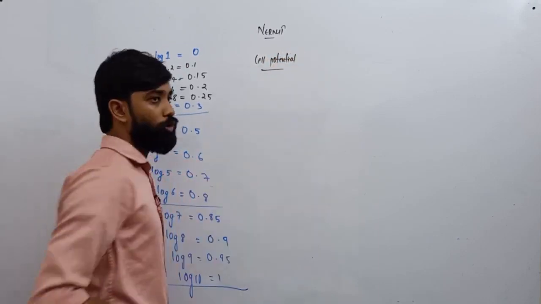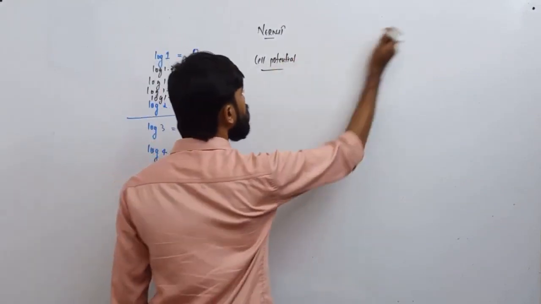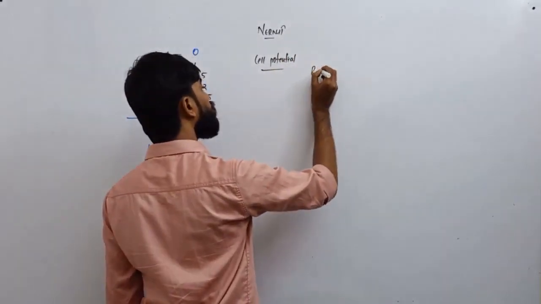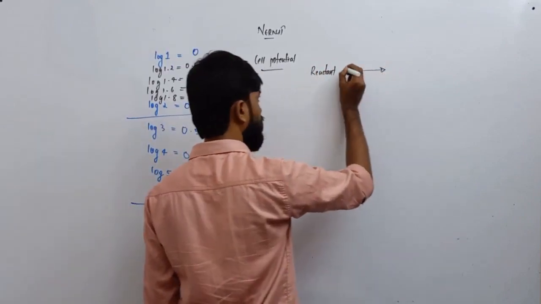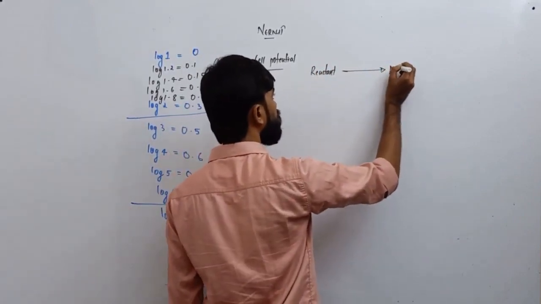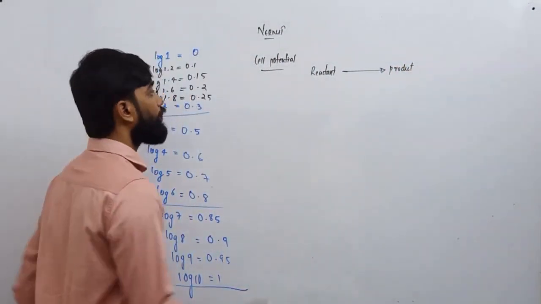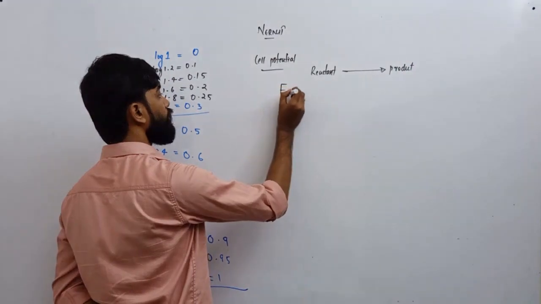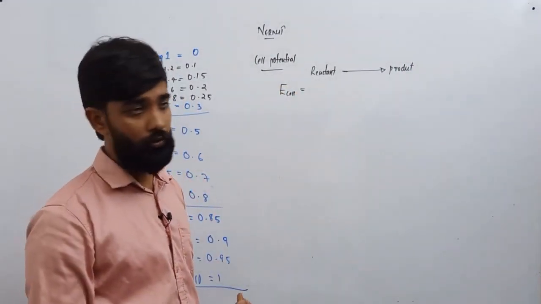For finding the Nernst equation for a cell potential, you have to write the reaction where reactant turns to product. Then write the expression for the Nernst equation for the cell potential of that reaction.